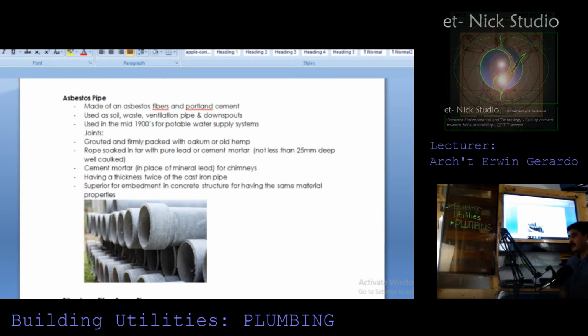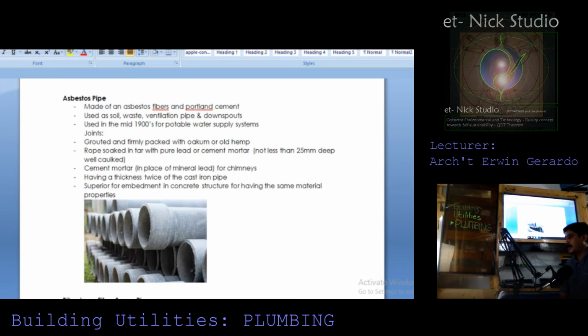The joints are usually grouted and firmly packed with oakum or old hemp rope soaked in tar, with pure lead or cement mortar, not less than 25 millimeters deep.